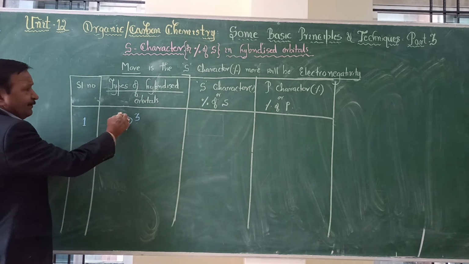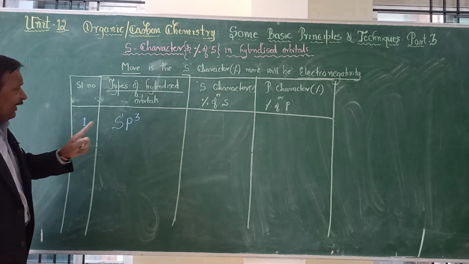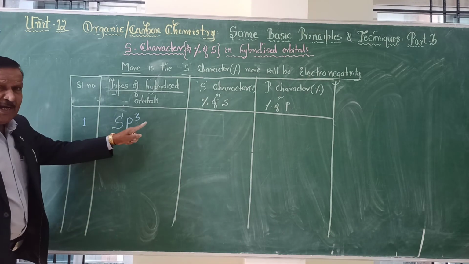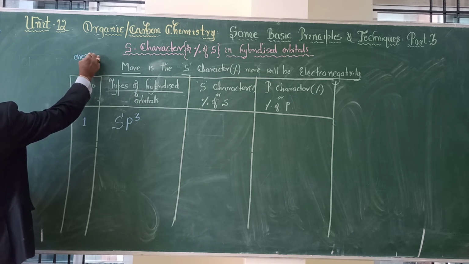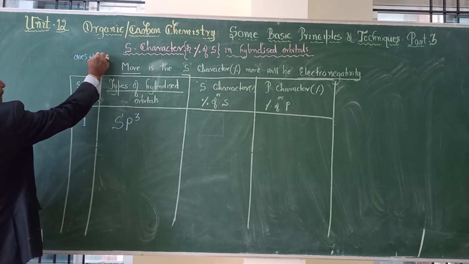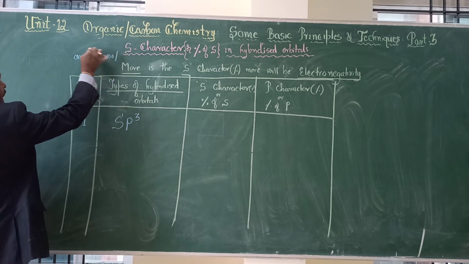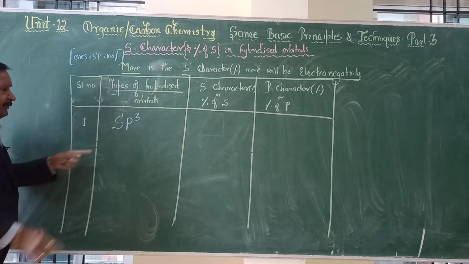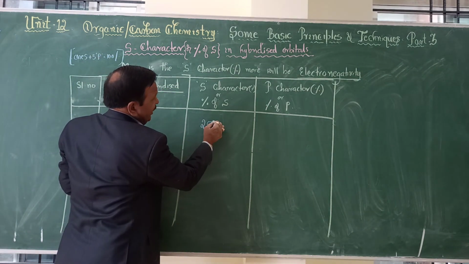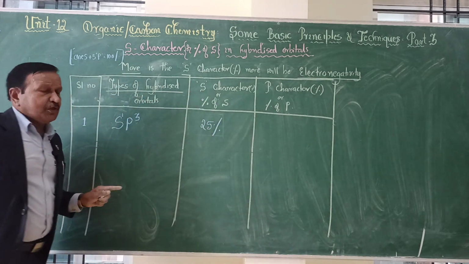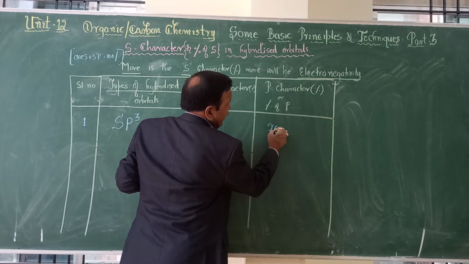So 1s plus 3p, totally 4 orbitals are there. You take this equal to 100%. Then S character will be 25%, because 4 into 25 each, and 75% will be your P character.